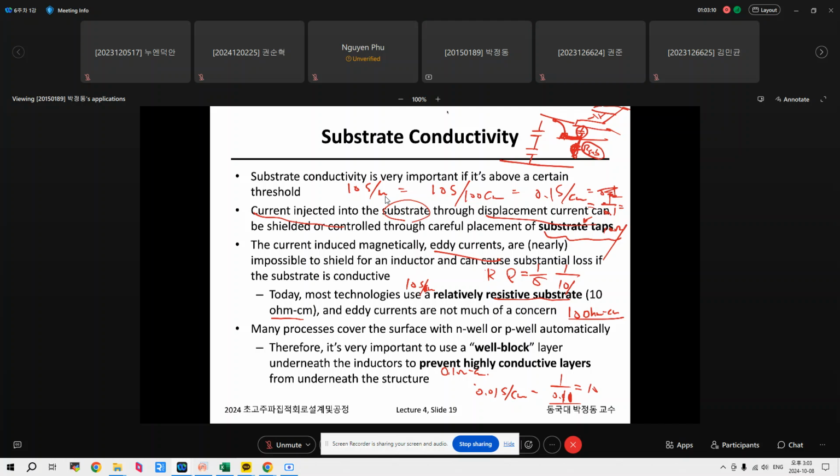Because of this reason, whenever we make an inductor or transmission line, we use an exclude layer, right? Exclude layer. Okay, this is a well block.